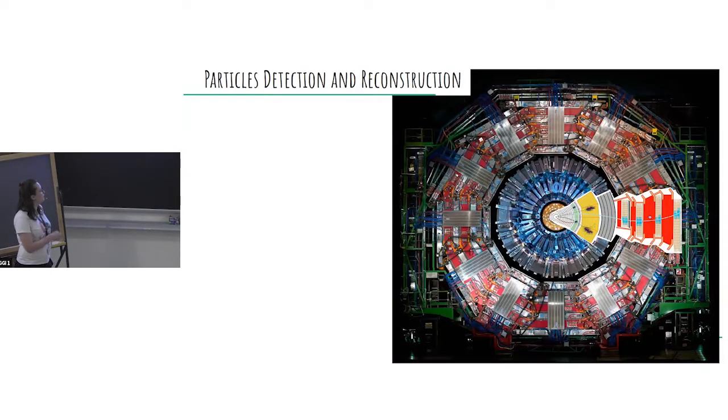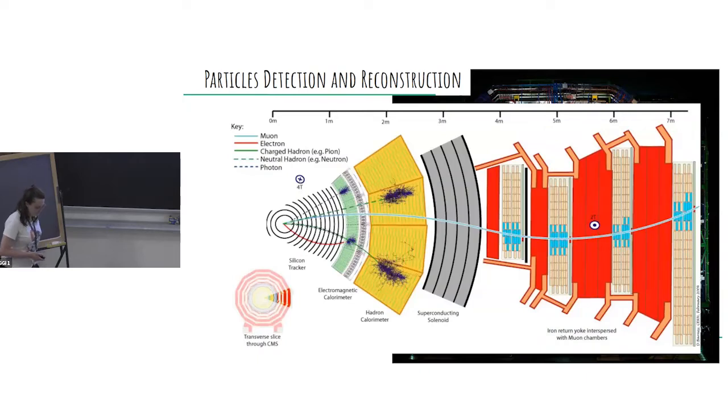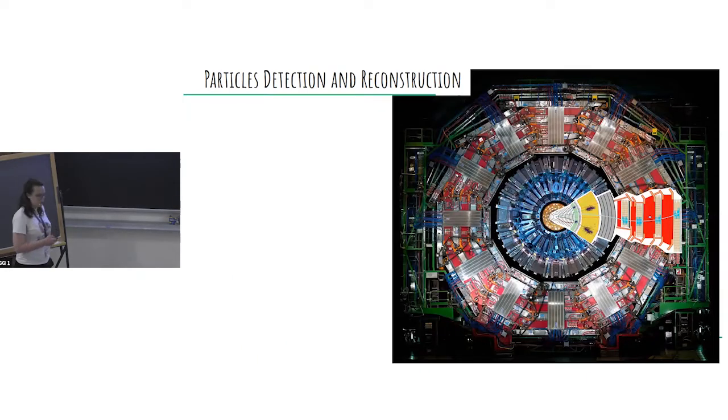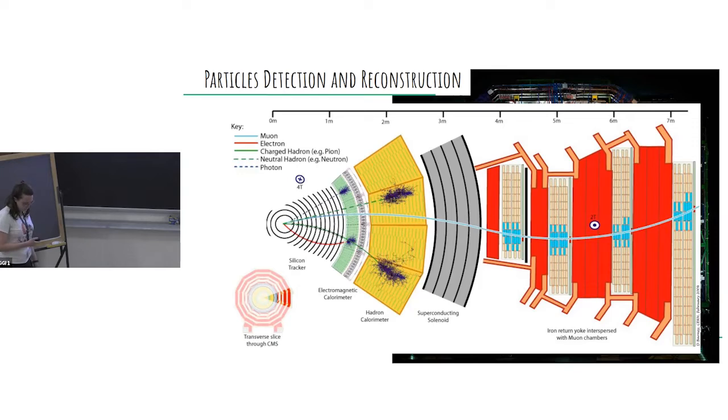There are different kinds of detectors, but basically the CMS experiment is a huge onion, if you want. It is built in concentric circles that develop around the interaction point. These layers contain the different kinds of detectors that allow us to see the different kinds of particles.